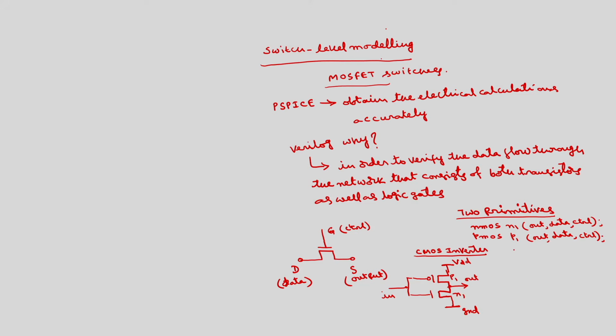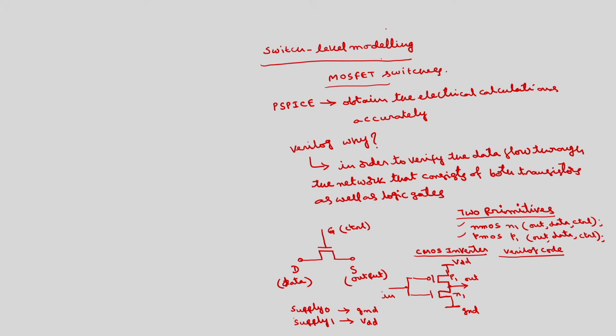The Verilog code corresponding to this CMOS inverter: we have to use the primitives NMOS and PMOS. In addition, we are going to use two more primitives called supply 0, which is equivalent to ground, and supply 1, which is another primitive normally used to represent VDD.